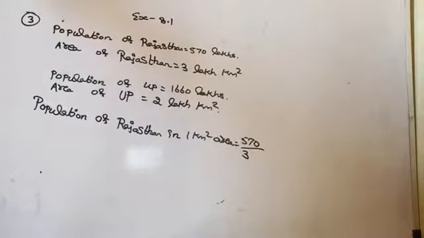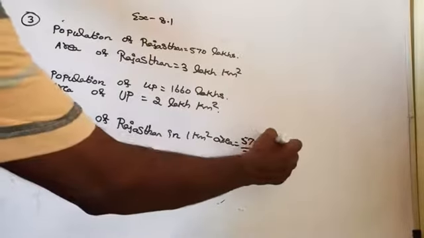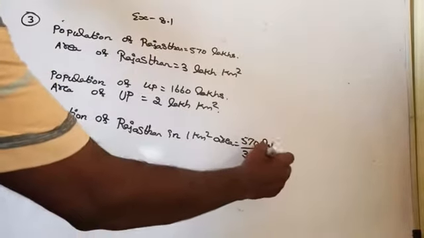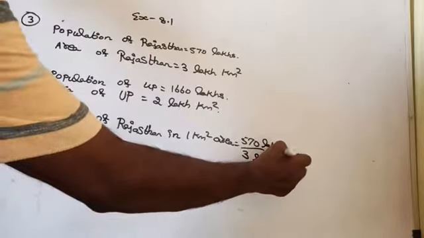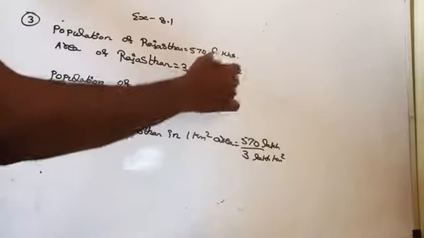Am I right here? So what will it be? 570 lakh by 3 lakh per kilometer square.